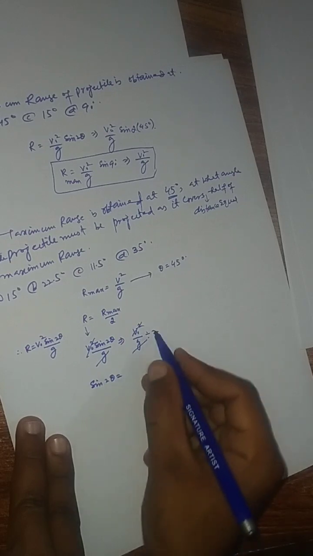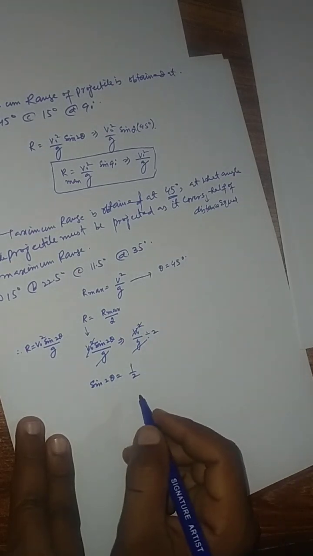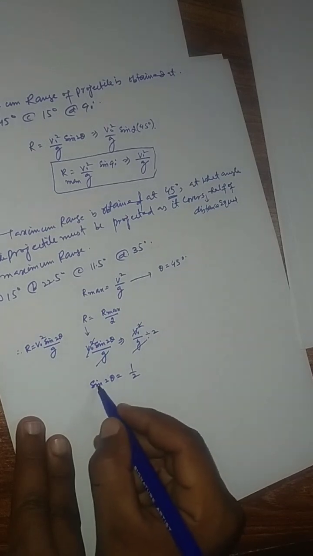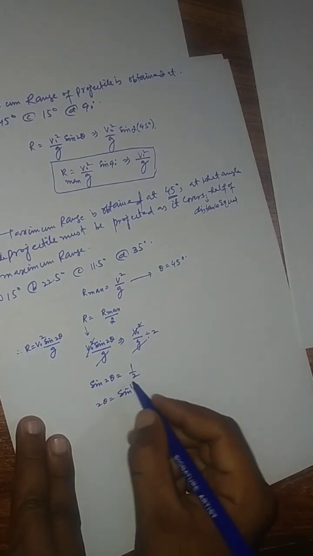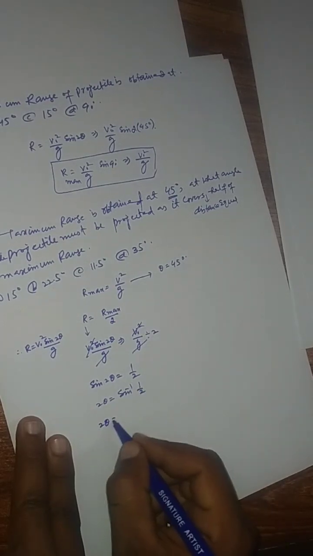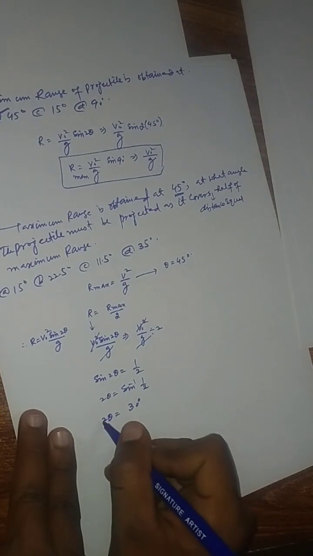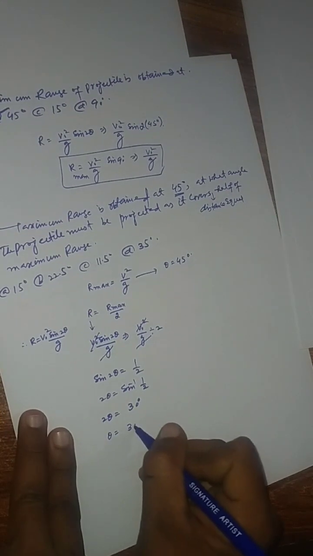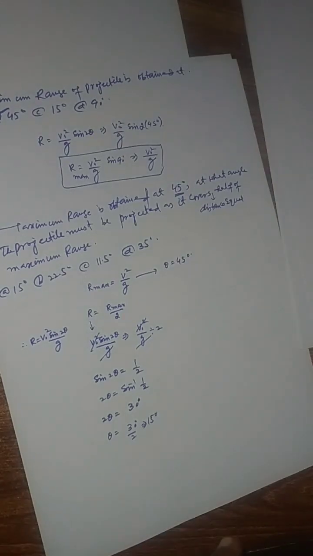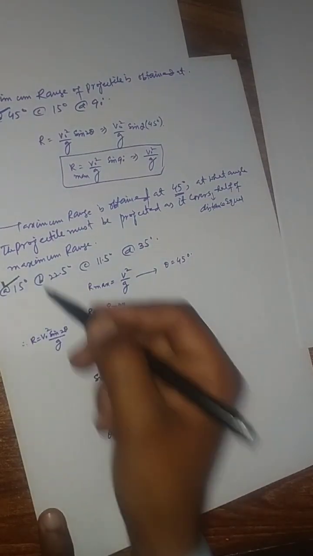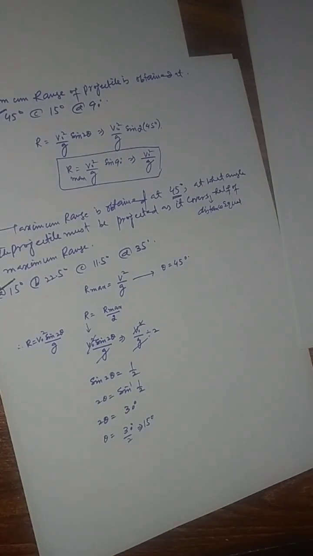Here sine 2 theta is equal to 1 over 2. Sine is multiplying on this side, so sine inverse of 1 over 2 is equal to 30. 2 is multiplying here, so 30 divided by 2, we get 15 degree. So at 15 degree, the projectile will cover a distance equal to half of the maximum distance covered by the projectile.